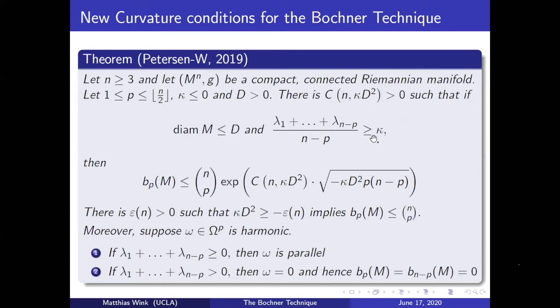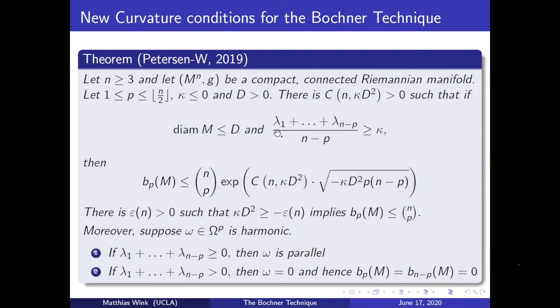We can look at the average of the first n minus p eigenvalues of the curvature operator. Once we've got a lower bound, kappa, then we can recover the bound on the Betti numbers that we've seen in Gallot's theorem.